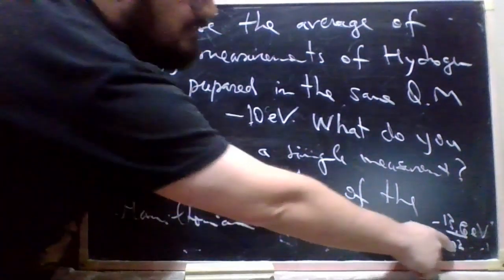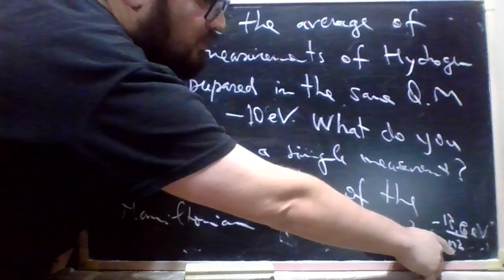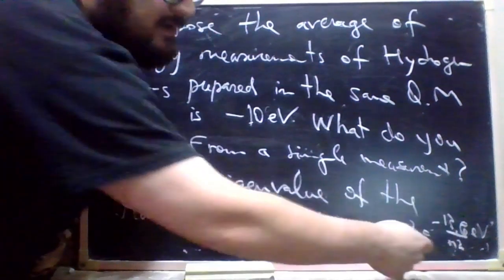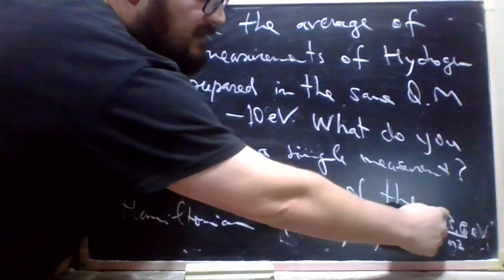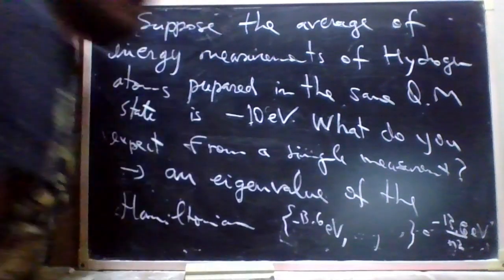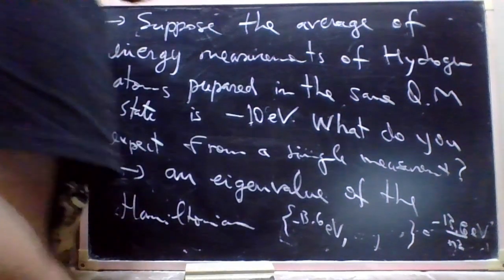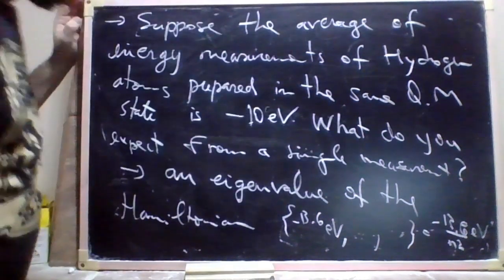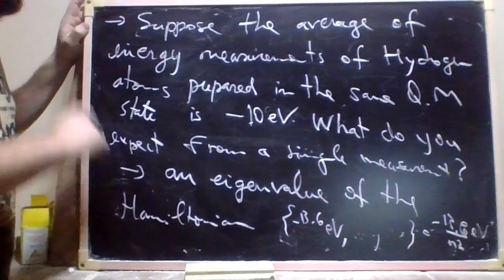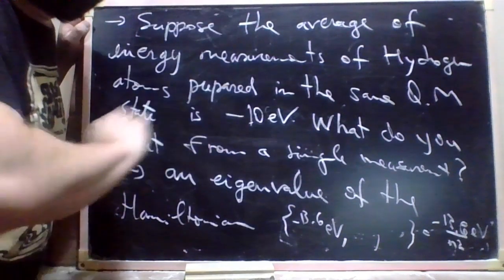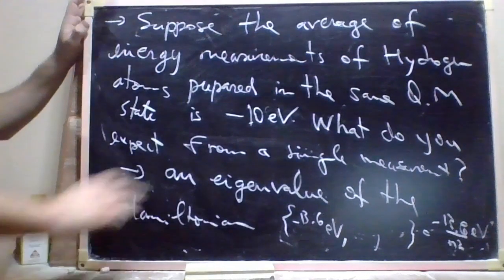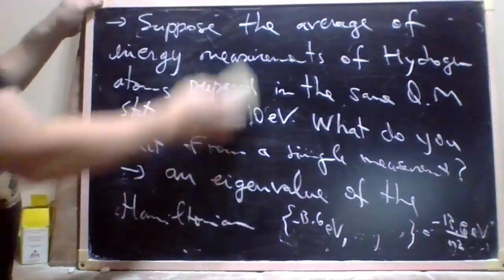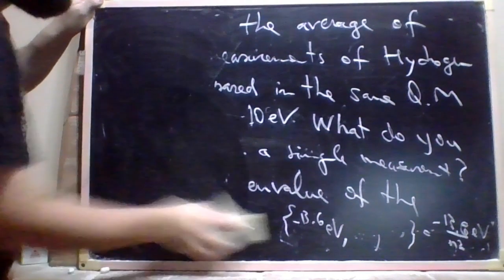So this is the 1s orbital, it's 1 here, minus 13.6 electron volts. If you plug in the second orbital, you find minus 13.6 divided by 4. So it's around minus 3.5 electron volts, something like that, right? So a single measurement will give you an eigenvalue. That's what you must expect from a quantum measurement, right? It's very important.